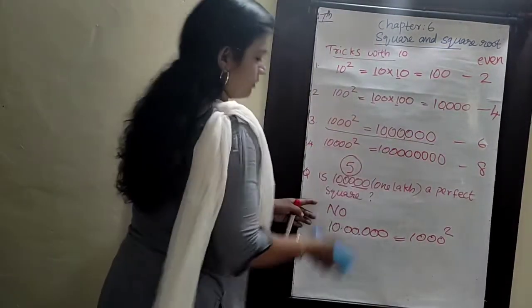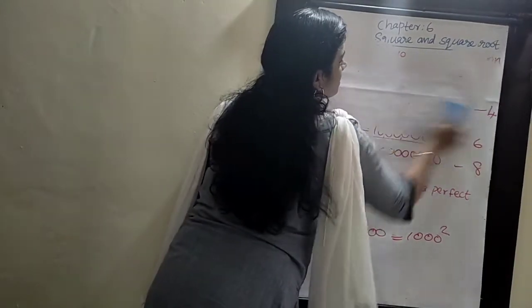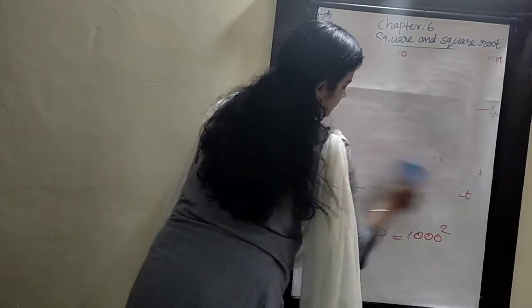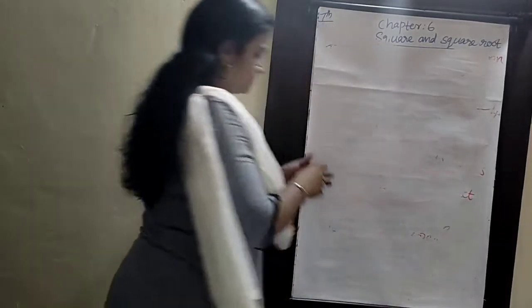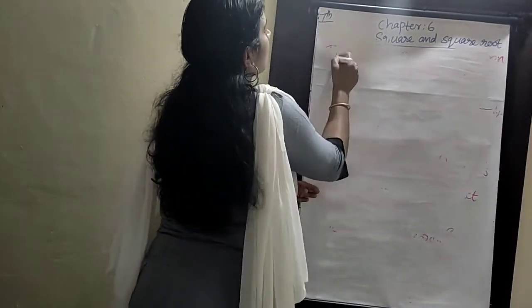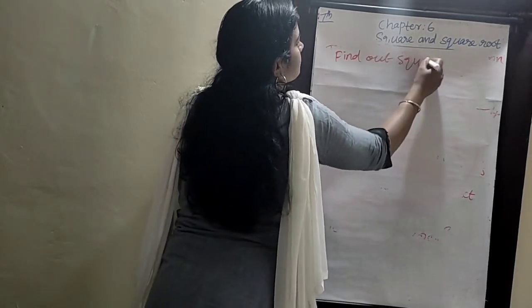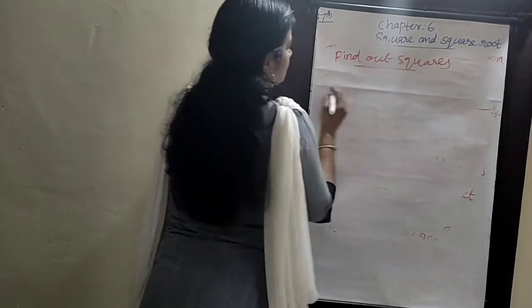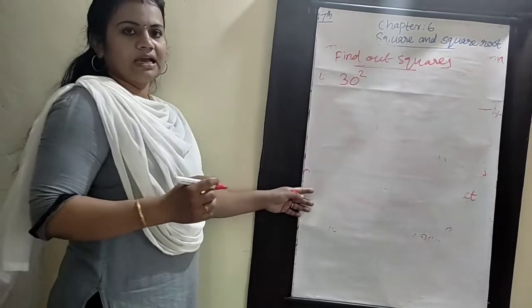Okay, now we find out the squares. Find out the squares; it is easy. The first question is 30 square.